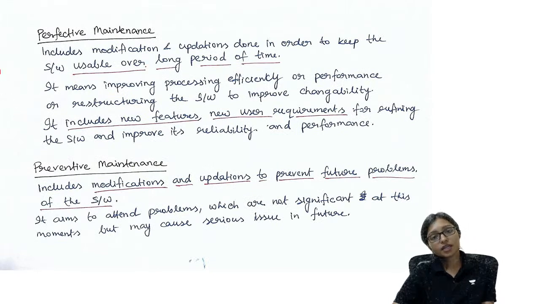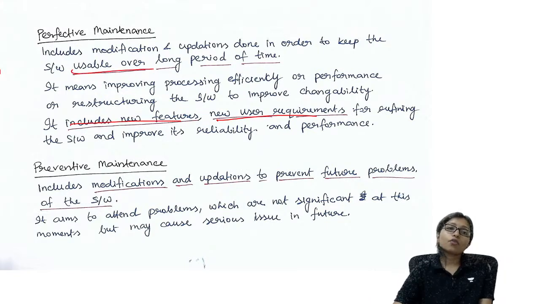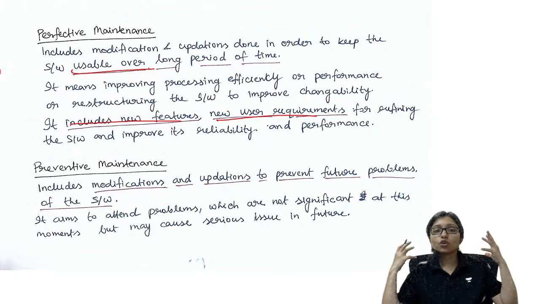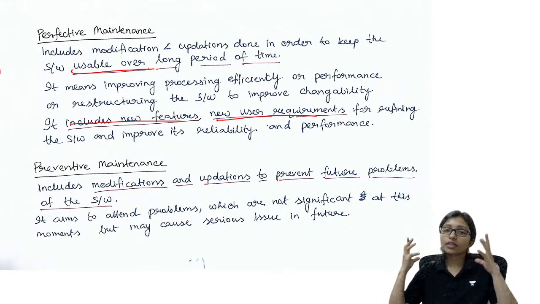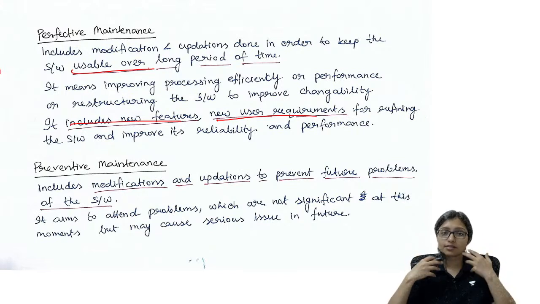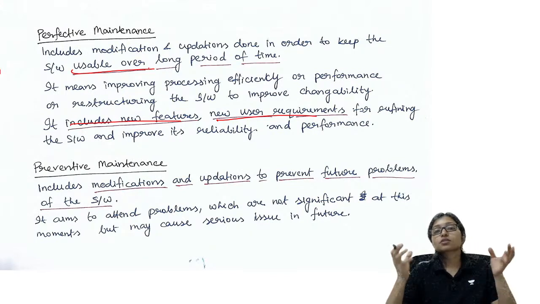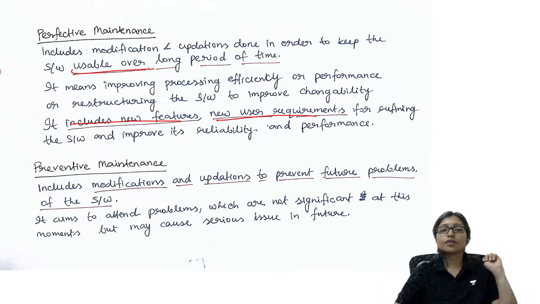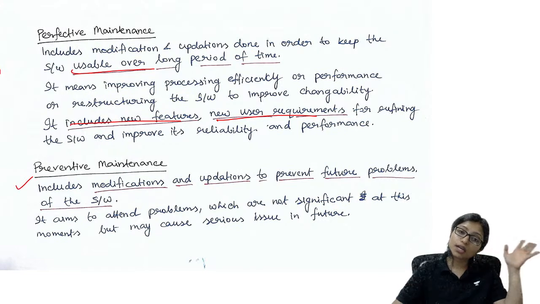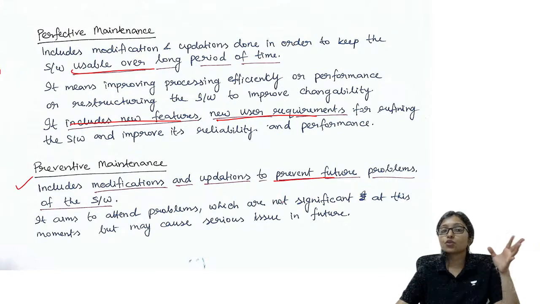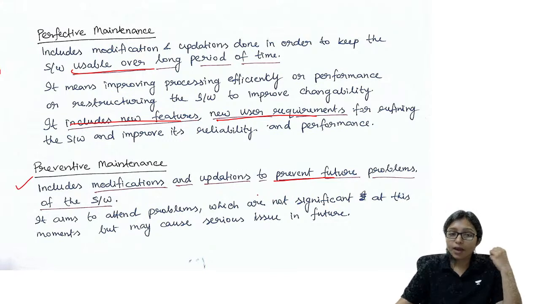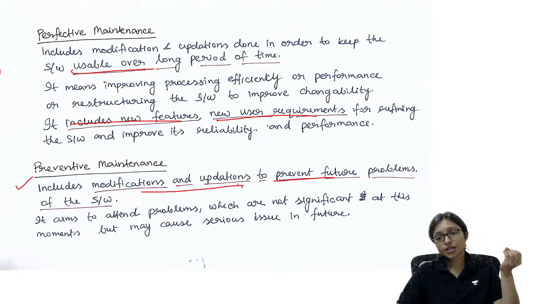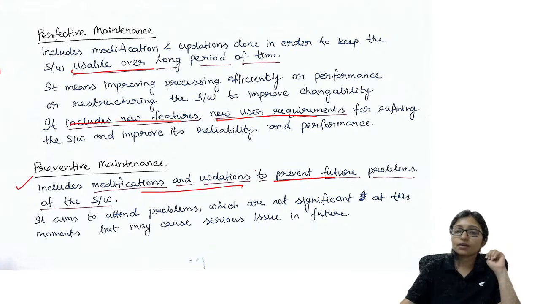Perfective means when any new feature or new user requirement is needed, or we want to be more perfect, so we add something new; it keeps the software stable for a long period of time. Preventive means in future there can be a problem, so we try to prevent it by modification or updation.